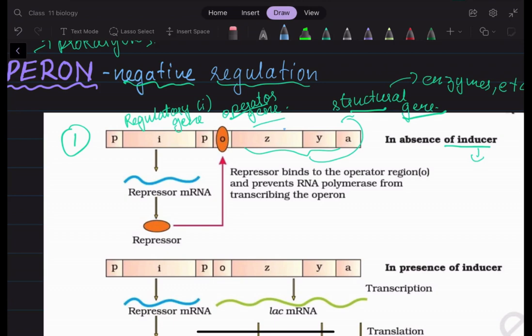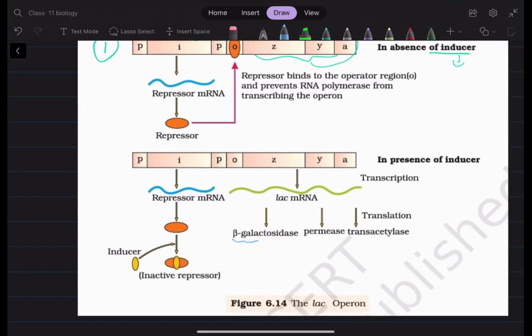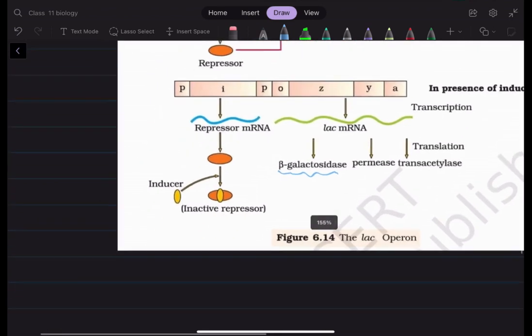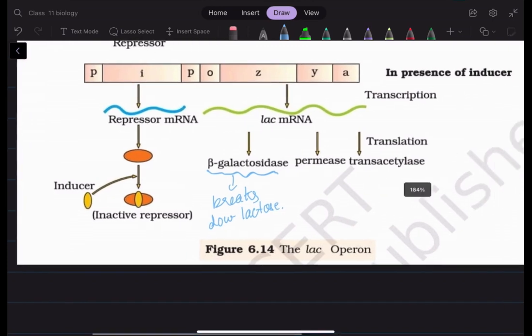So the Z gene basically codes for the enzyme beta galactosidase. So the beta galactosidase, what it does is it breaks down lactose into galactose and glucose.